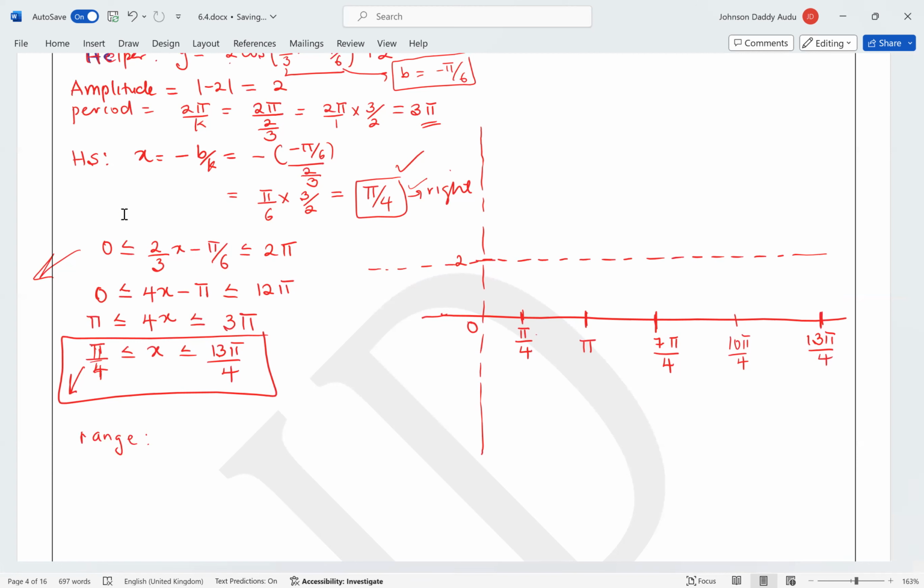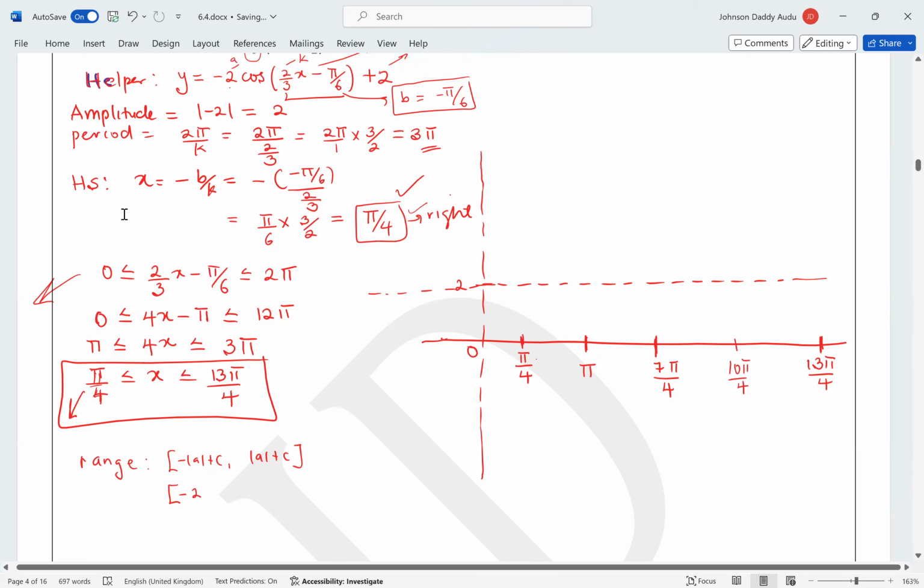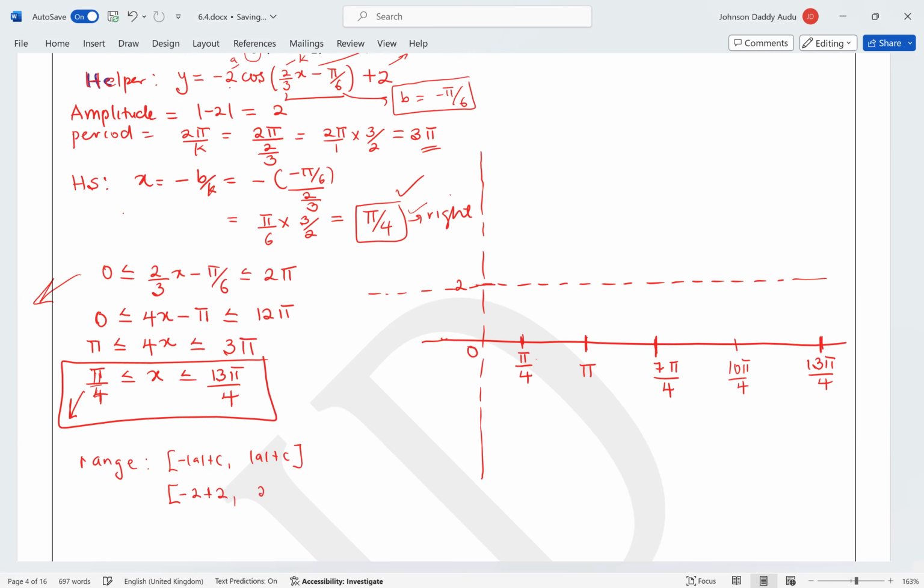The range, I'm talking of the range for the helper graph, is just going to be minus absolute value of C, then plus C. So this is going to be minus 2 plus 2, remember our C is 2, then 2 plus 2. So this is like saying from 0 to 4. So it means the minimum value is going to be 0, and the maximum is going to be 4.